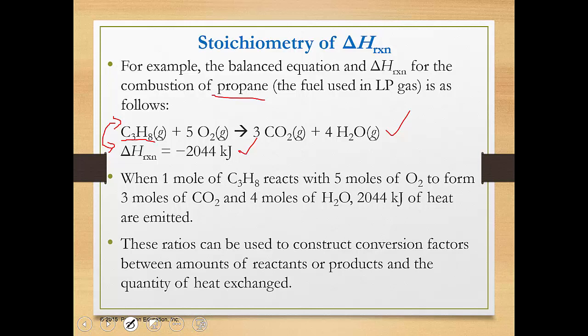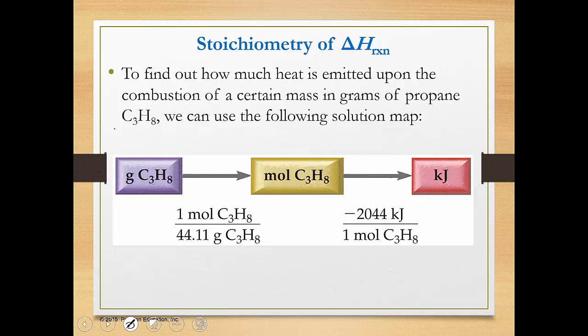Now, since I have a balanced equation, I can use my stoichiometry. I can use the ratios to construct conversion factors between amounts of reactants or products and now that quantity of heat. I can relate those number of moles to that enthalpy value.